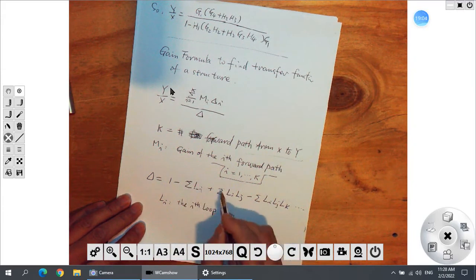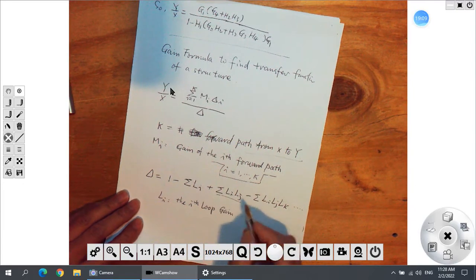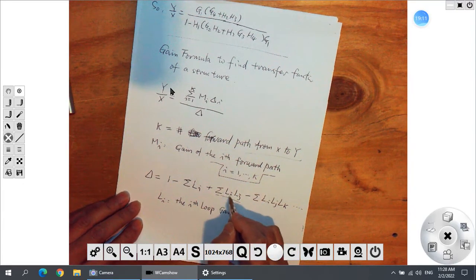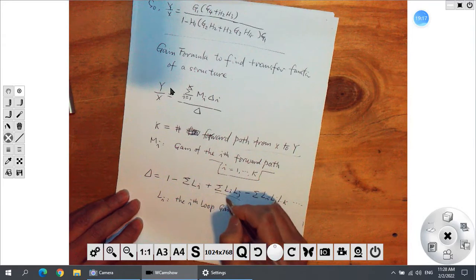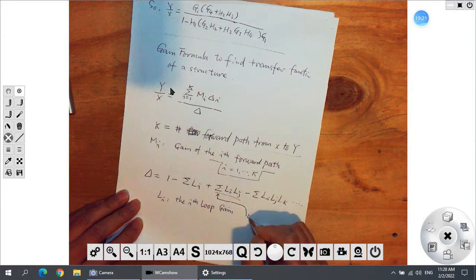Okay, then here you consider this one, you need a plus multiplication of two loops. But we have a condition here. Li, Lj, they have no common part. They do not touch.